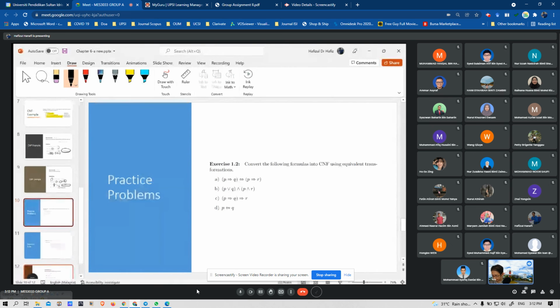Please convert the following formula into CNF using equivalent transformations.